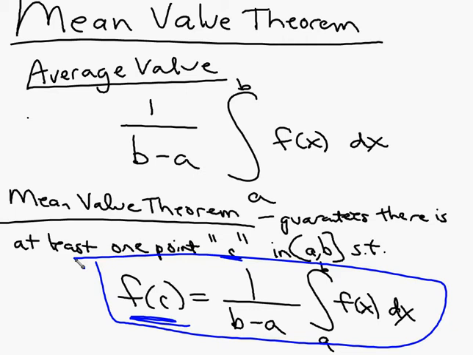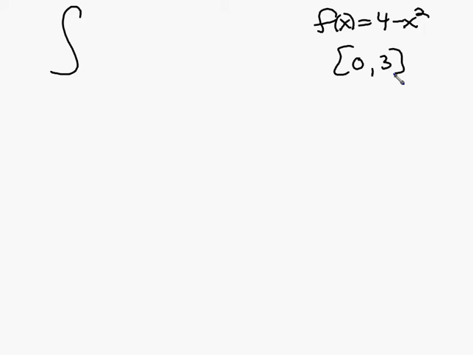Now what I'd like to do is come back to the problem we did the other day when we worked with 4 minus x squared. My function was 4 minus x squared, and we were working from 0 to 3.